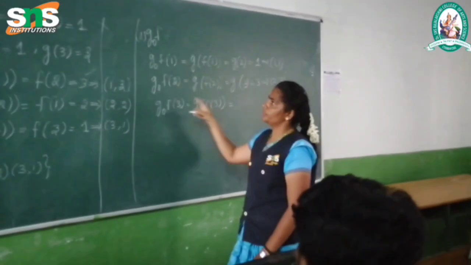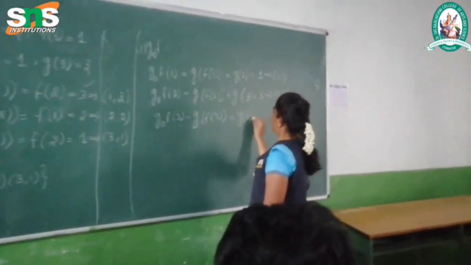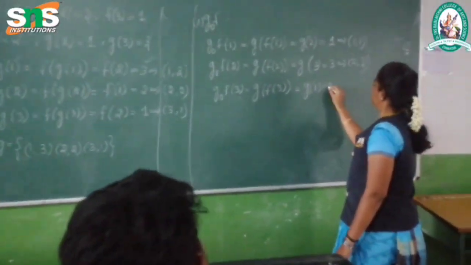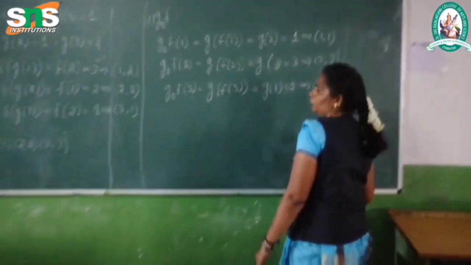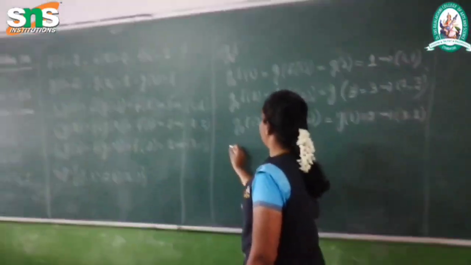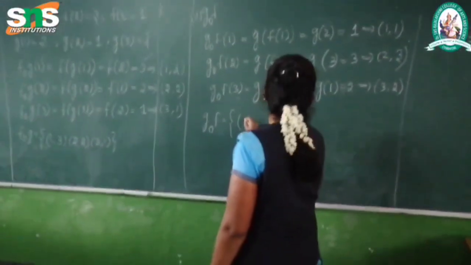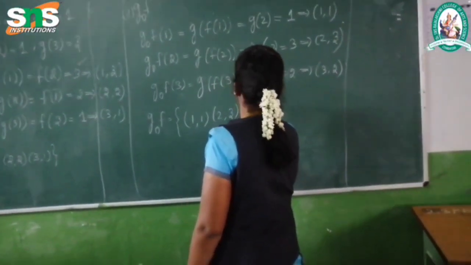The value of f of 3 is 1. So g of 1, which is 2. So my answer is (3,2). Finally, we write our composition value in order. So g composition f is equal to {(1,1), (2,3), (3,2)}.